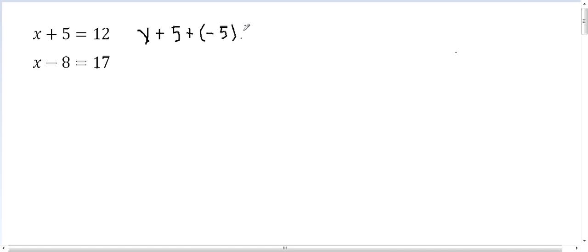Now we need to add the same number to the other side of the equation as well. Since 5 and minus 5 are additive inverses of each other, when we add them together, we get 0, the additive identity.